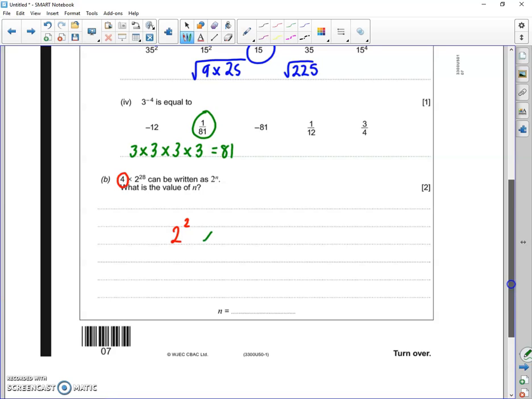Put that next to the other 2 to the power of 28, and using the rule of indices that says when you're multiplying you add the powers, you get 2 to the power of 30. But you had to get it all written in terms of 2 as your base value, and that's why I had to write the 4 as 2 squared. Once I'd got a 2 there and a 2 there, then I could add the powers together. So n is 30.